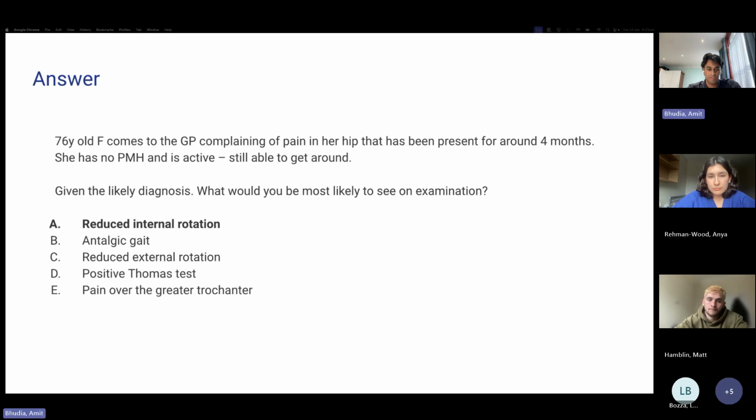You do also get an antalgic gait, but that develops much later into the disease, so you wouldn't see it after 4 months. And then the positive Thomas test is used to test for fixed flexion deformities in the leg, so that's not really relevant here.